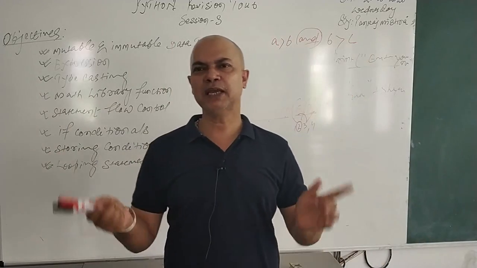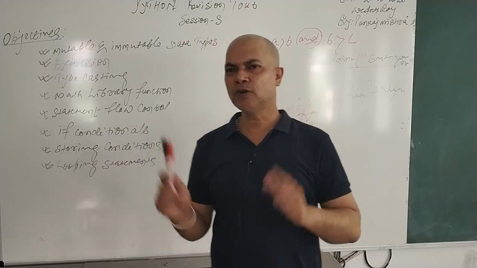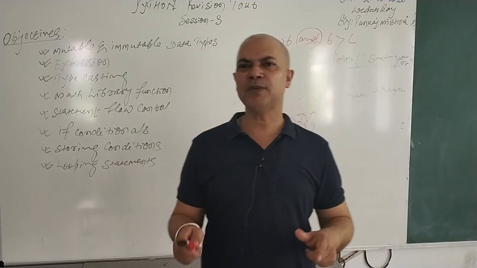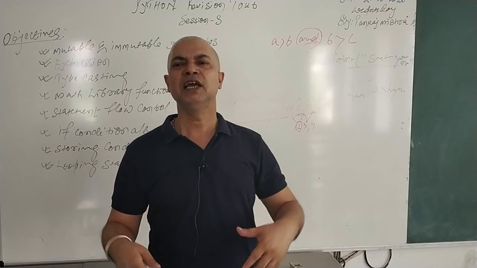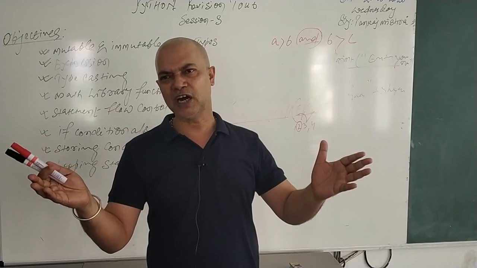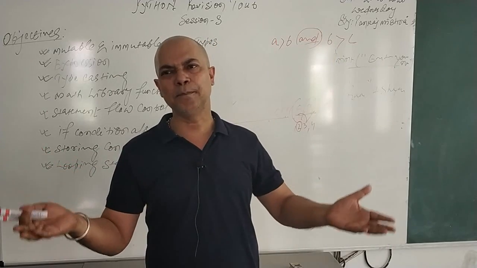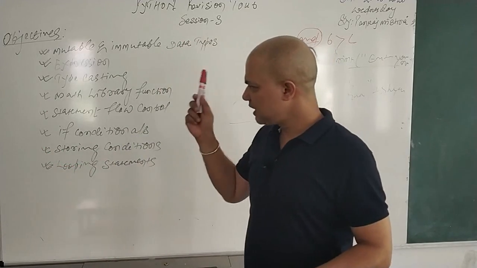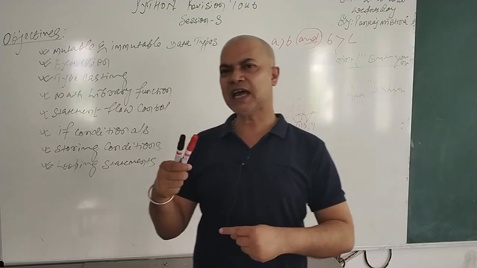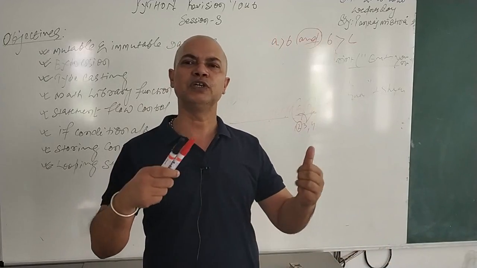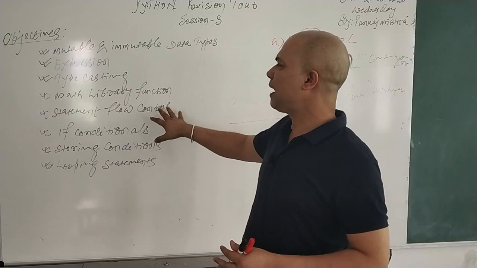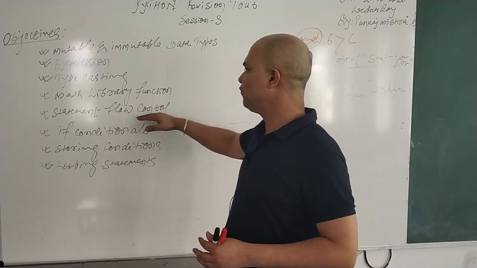A statement can be compound also. Compound means any block that you start in your program is considered a compound statement, and in a compound statement, it goes inside, executes all, and then comes out. This is how a normal program executes, and that's called statement flow control.